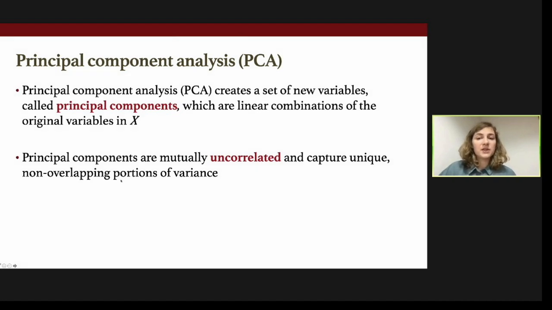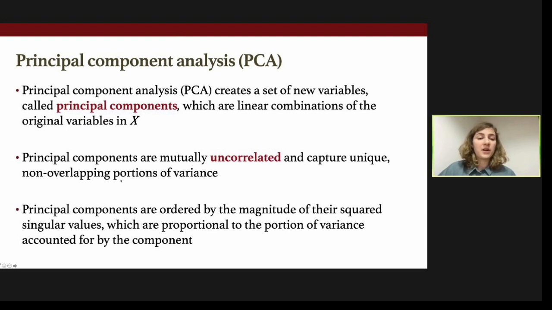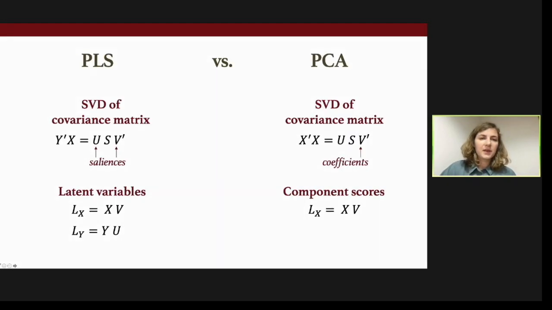And these components are ordered by the amount of variance they explain. Basically, PCA applies singular value decomposition on the covariance between X and X, and the component coefficients are in matrix V, while the component scores are obtained by projecting the original data on the coefficients, just like latent variables in PLS.